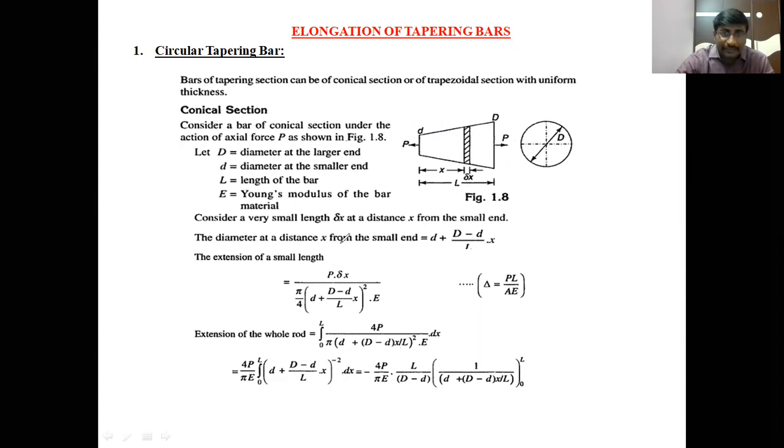The diameter at a distance of x from the smaller end is equal to the smaller end diameter, small d, plus a certain value. If we draw a line at this place, from this point to this point is small d, plus this value and this value. How do we calculate this distance?